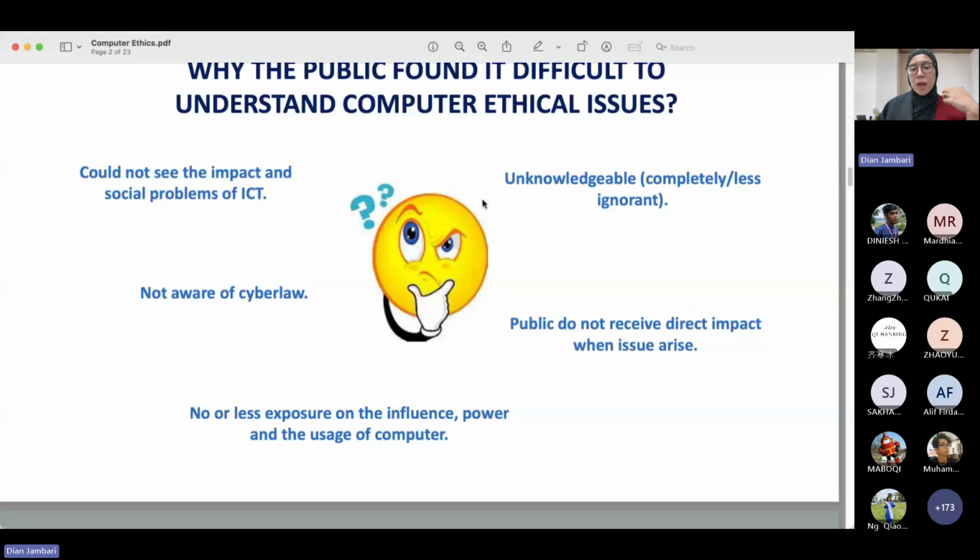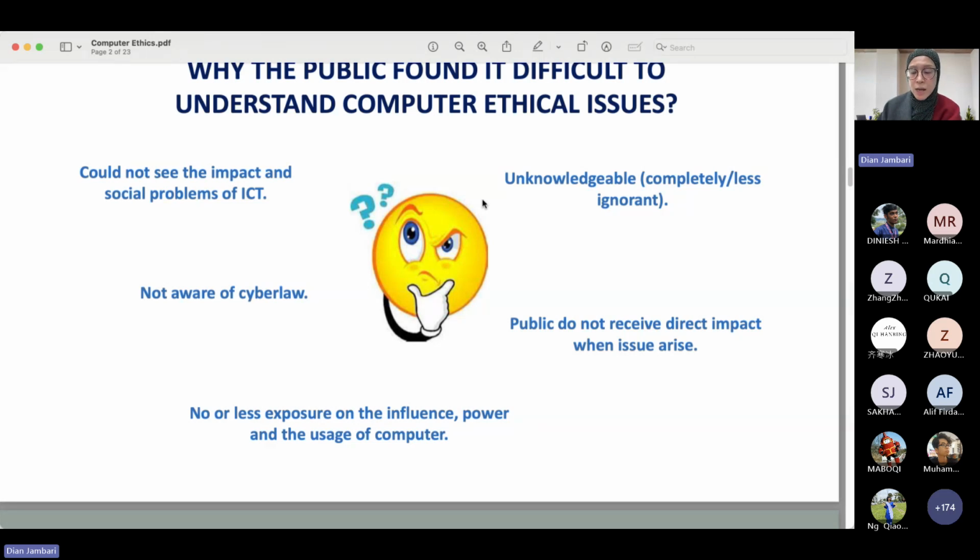But there are. And so when you have people who have less exposure to the use of computers or ICT in general, and then they do get that exposure, they may not know how to utilize it or how to respond the right or the wrong way in terms of using ICT.